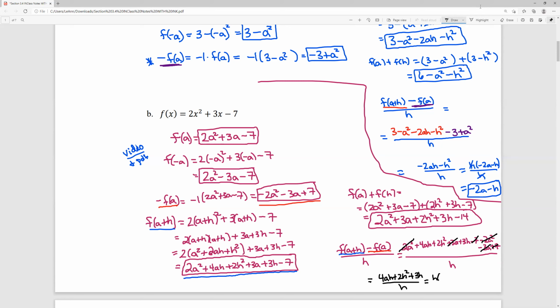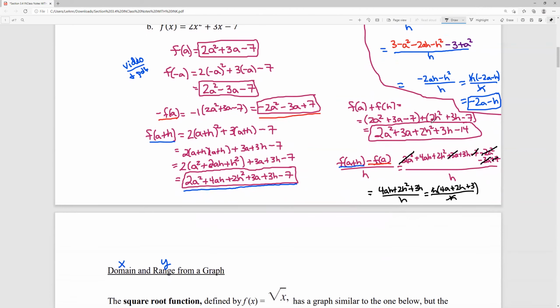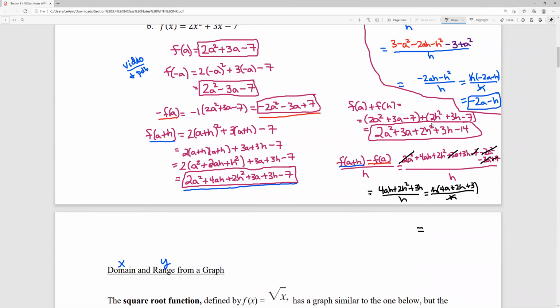You can factor out an h on top of each term, and then that would cancel with the h in the bottom. So that leaves my final answer there. I'm going to write it right here underneath, is 4a plus 2h plus 3. So that's on that page.